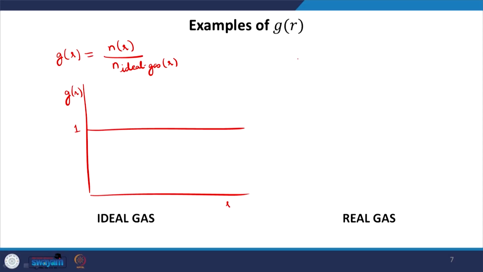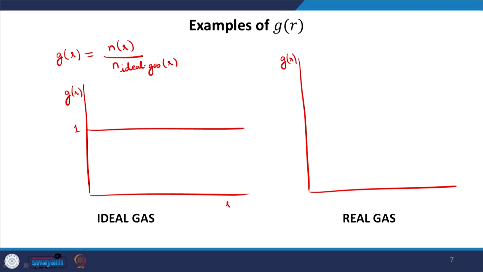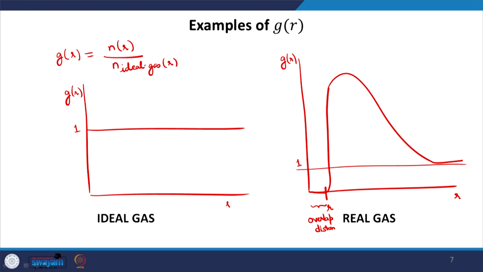On the other hand, when we are dealing with a real gas, since we are not allowing for an overlap, there would be some small r values that would be completely not permitted, because the overlaps are not permitted in the real gas, and therefore, we will have something like this, where this is the overlap distance.